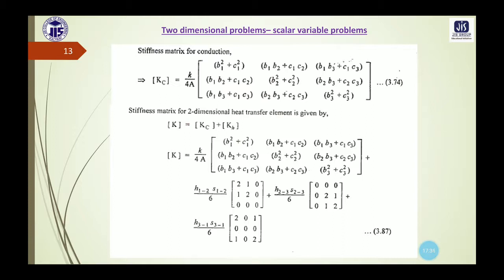The second, third and fourth parts are the stiffness matrix for convection heat transfer. The final stiffness matrix, the summation of conduction and convection, is represented by equation 3.87.